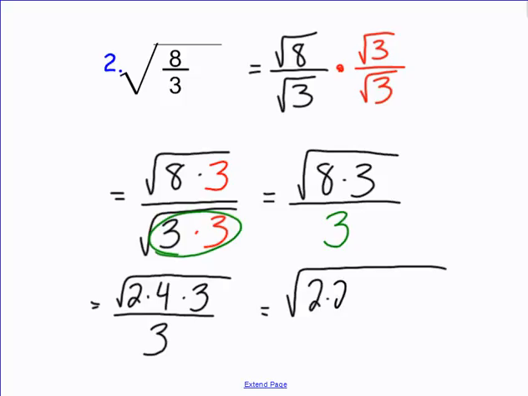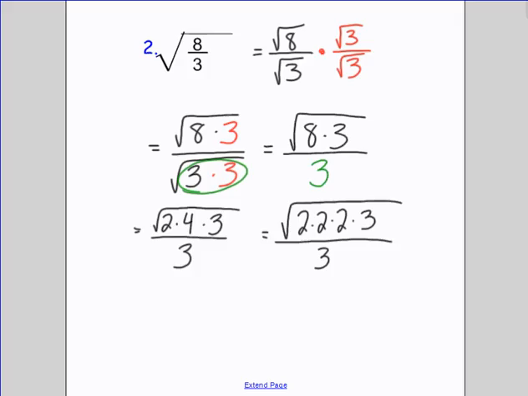Now, these are going to seem like they take a long, long time, but you're going to be very efficient at it, I promise, as you keep doing it. So I have a pair of 2's. So I take that 2 out, and I'm left with radical 6 all over 3.